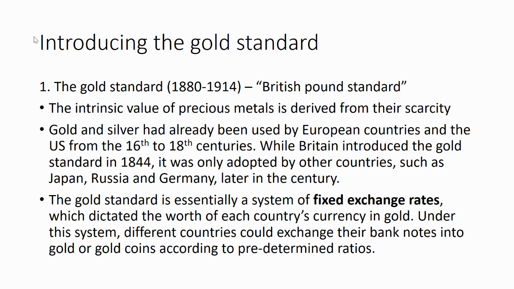However, gold is a metal that is much harder to extract from the ground compared to silver, and so it was more scarce. And so the price of gold relative to silver appreciated over time.